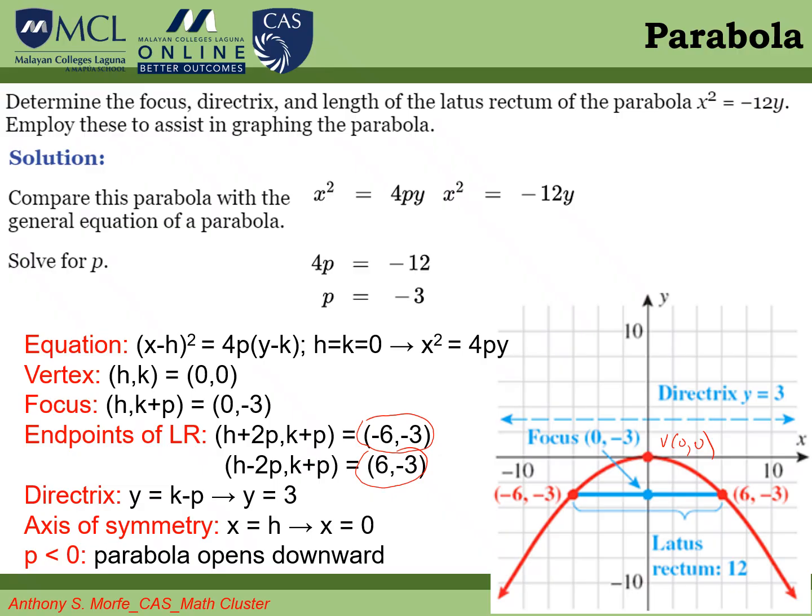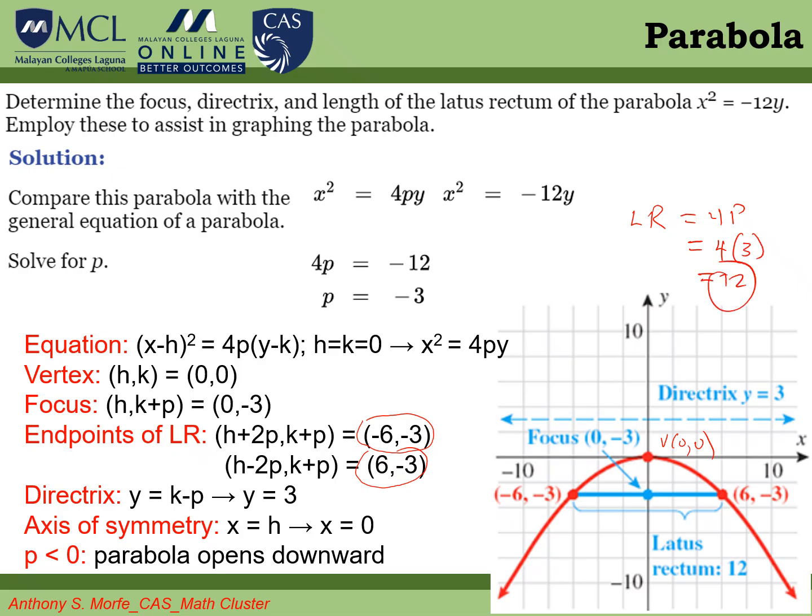What is the latus rectum? It is 4p. We know our p, that is 3. So the length of the latus rectum is 4 times the absolute value of p, which is 3, equal to 12.